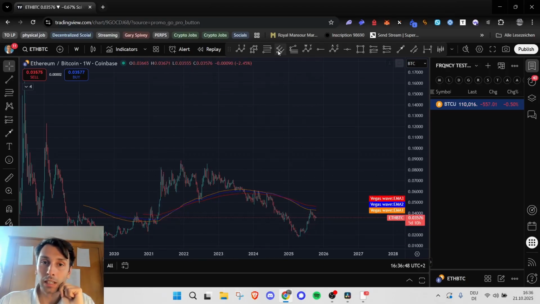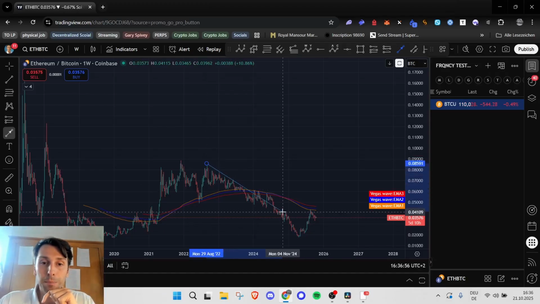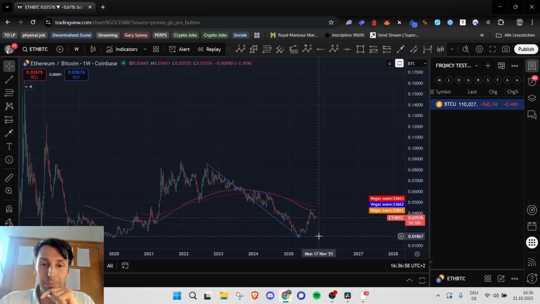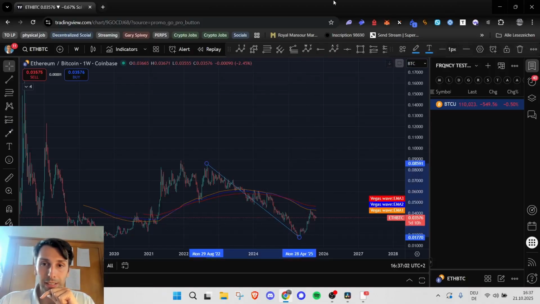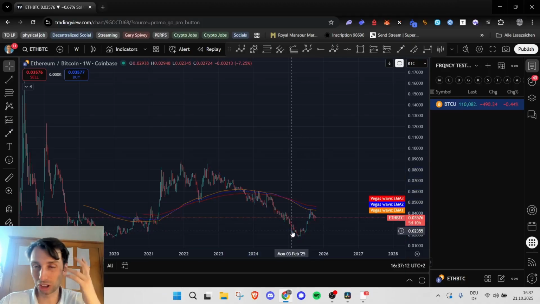So far in this cycle, and for those watching later, it doesn't really matter, it's just for understanding, Bitcoin has dominated and outperformed Ethereum, right? And Ethereum just now started to show some life. So this is interesting, just for general understanding.